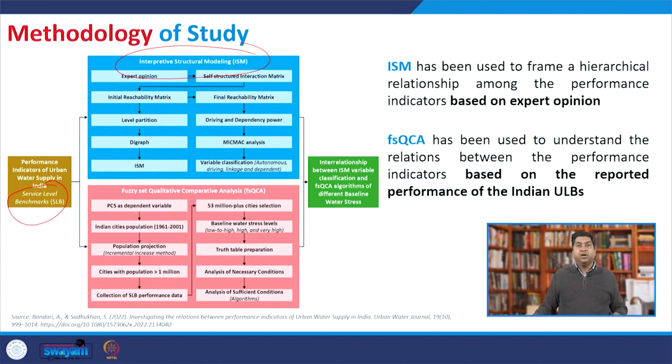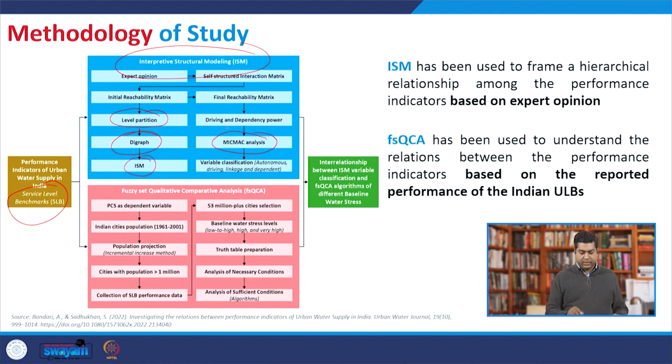Out of that, we can get driving and dependency power, and the method has certain steps that you can understand well if you go through the paper. We have level partition, and we also make a digraph which gives the relationships, and finally the model.